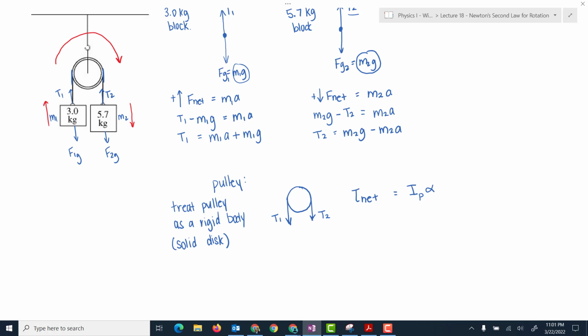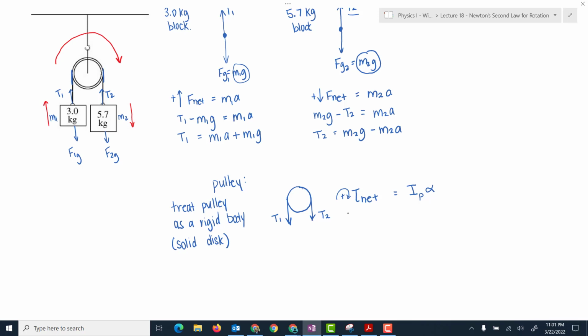What about for the pulley? Which way is it rotating? It's rotating clockwise. So clockwise in this case is the way that we're going to say is our positive rotation direction. You can choose whichever direction you want to be positive. I like making it the direction it's actually moving as the positive direction. Now if positive is the clockwise rotation direction, then which of the forces, T1 or T2, is making the pulley rotate clockwise?